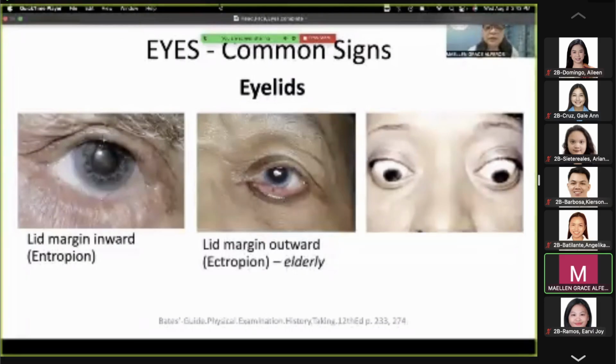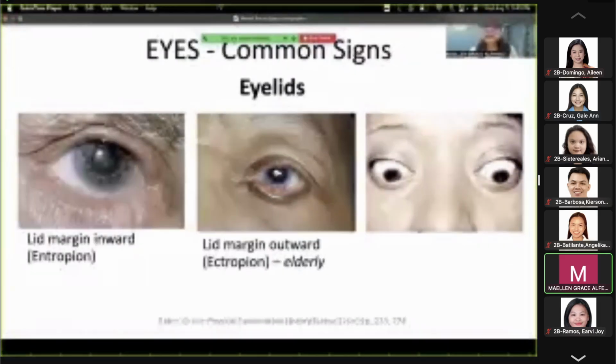Now, the next picture shows a lid margin that is directed outward. So you see this in the elderly; this is called ectropion.